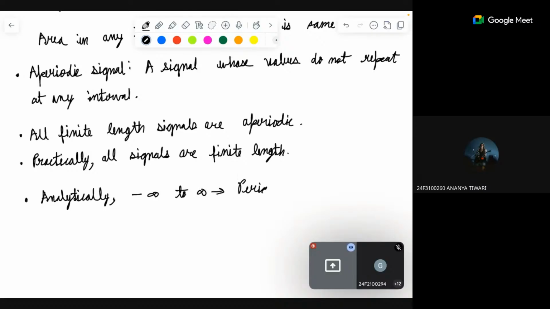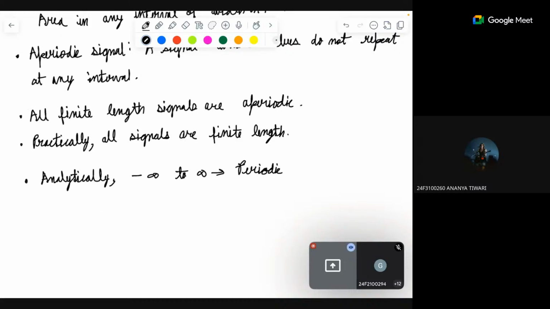But in real life we do have finite length sequences, so they should be aperiodic. So what we do is we measure periodicity within our time window of interest. Is this fine? Yes, ma'am.